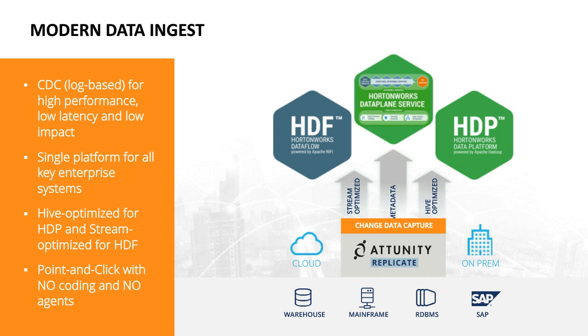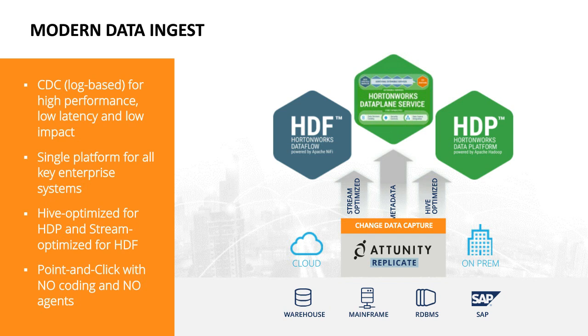To be able to put a streaming interface in front of that, and as changes to policy information or customers change, how do I stream that into a modern platform like Hortonworks? So Attunity is all about first unlocking that data and streaming those changes in real time, moving them directly into NiFi or moving them directly into HDP or both.